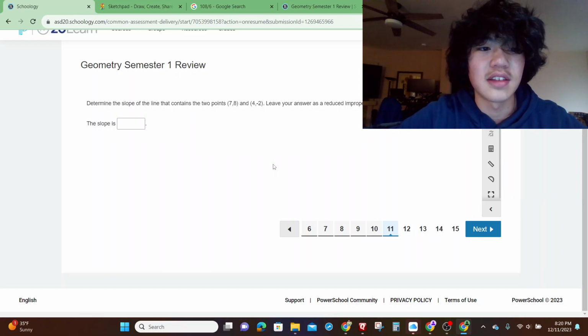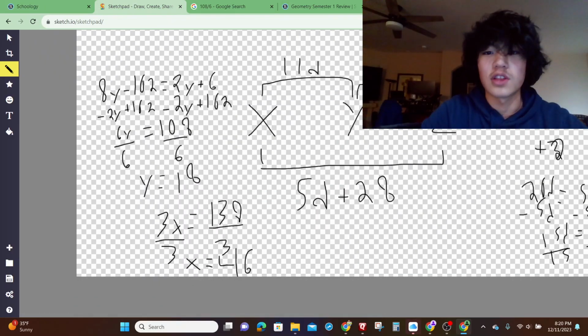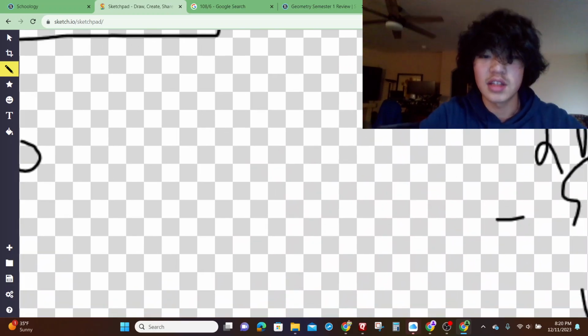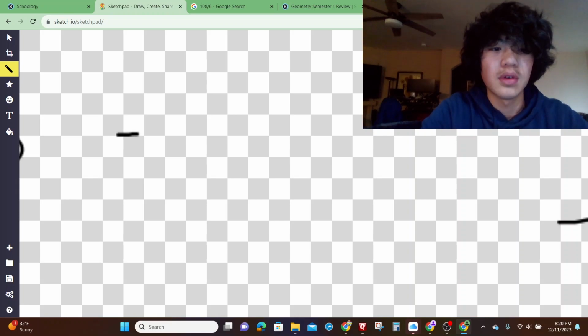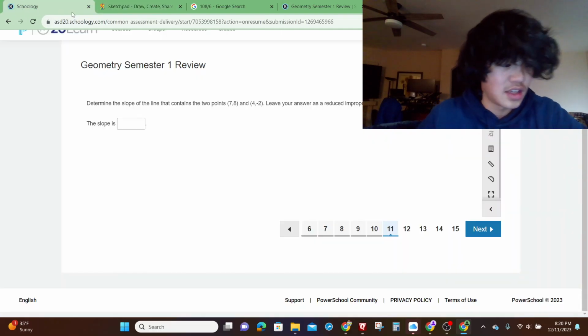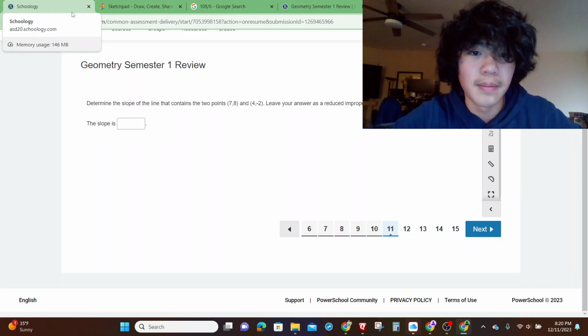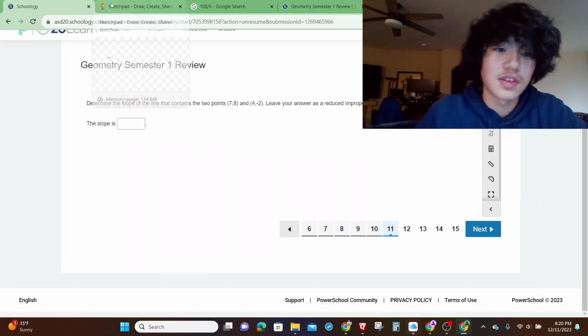Okay, this one says, determine the slope of the line that contains the 2 points, (7, 8) and (4, -2), and wants us to leave our answer as a reduced improper fraction. So, let's go to our handy dandy sketchbook, find some room. Alright, so in this case, the formula is y2 minus y1 over x2 minus x1, which gives us the slope.